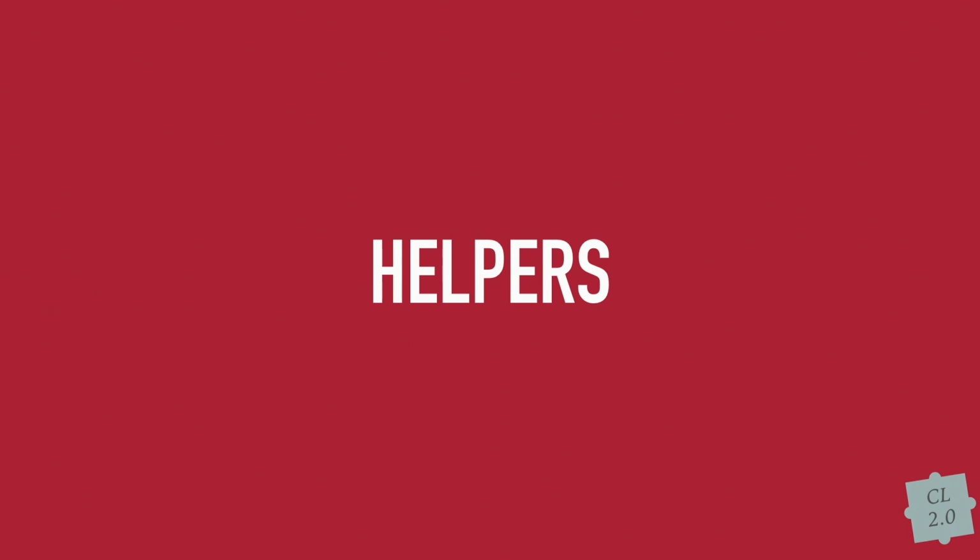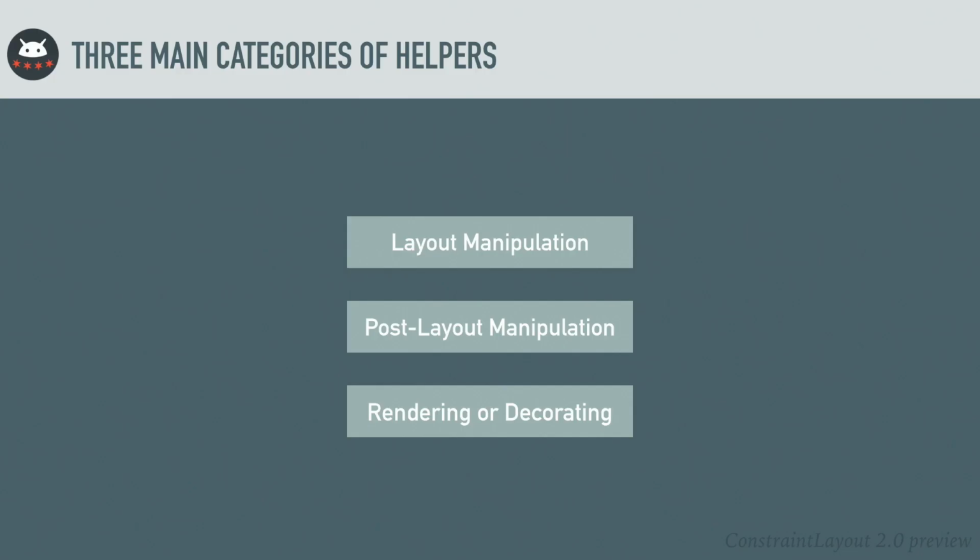It's the same idea. So we identified a couple of different scenarios where helpers can be pretty handy. Essentially, we have helpers that will help you create your layout. Barriers, for example. You have helpers that may want to do stuff after your layout is done.